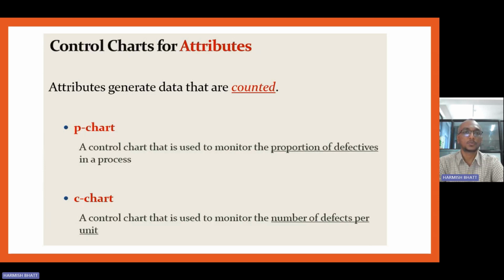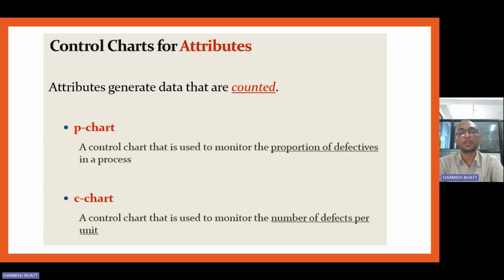So, control charts for attributes. Attributes are not a quantitative thing. Attributes generate data that are counted, such as the number of defects. Number of defects can be counted. Suppose the number of cracks available on the surface of a workpiece.